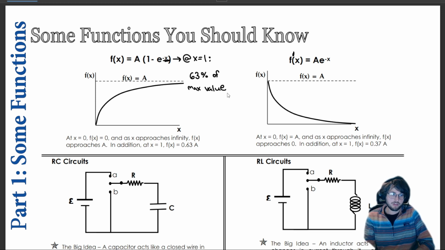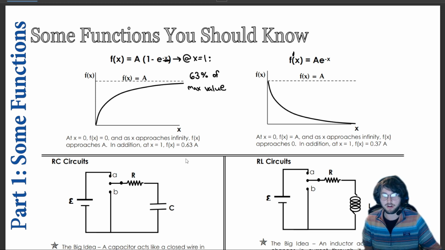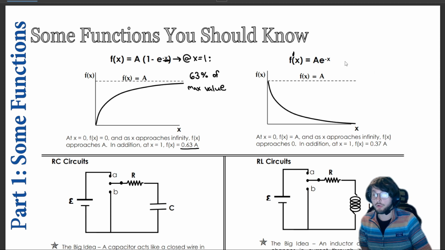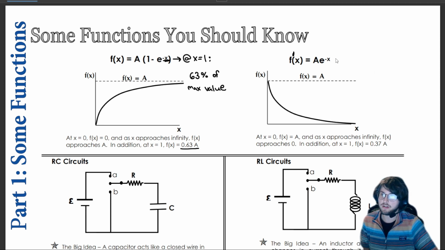Or, in other words, it would be about 0.63 times the maximum value. Over here, if you do the exact same thing, at x equals 1, this function will be at about here, give or take, which is at 37% of the maximum value.